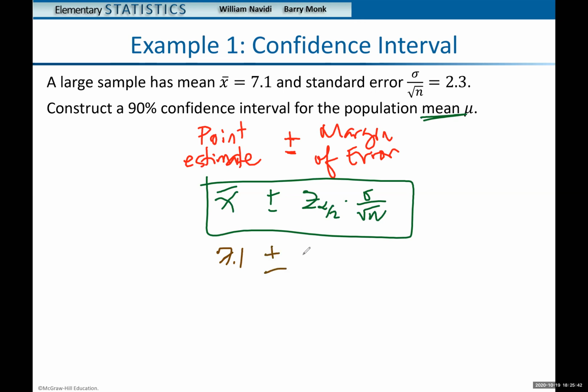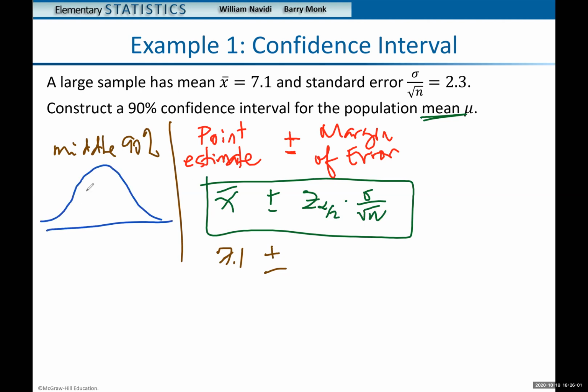90%. If you go back to the table, or again, if you want to solve this, think about the middle 90%. So this is 90%, 0.9. So alpha is equal to 1 minus 0.9.